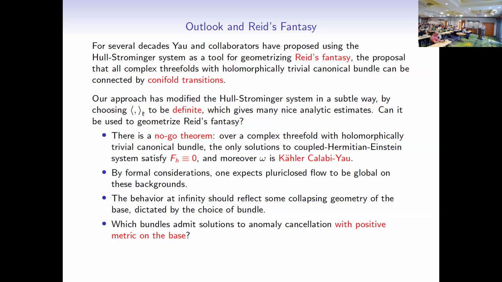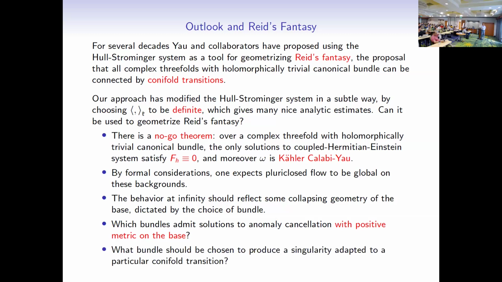I just want to solve the anomaly cancellation equation. And then also, which bundles should we pick? If we have this idea that one Calabi-Yau should encounter a conifold transition to connect to another Calabi-Yau, what bundle should we pick to produce that singularity? I think that is an interesting question.